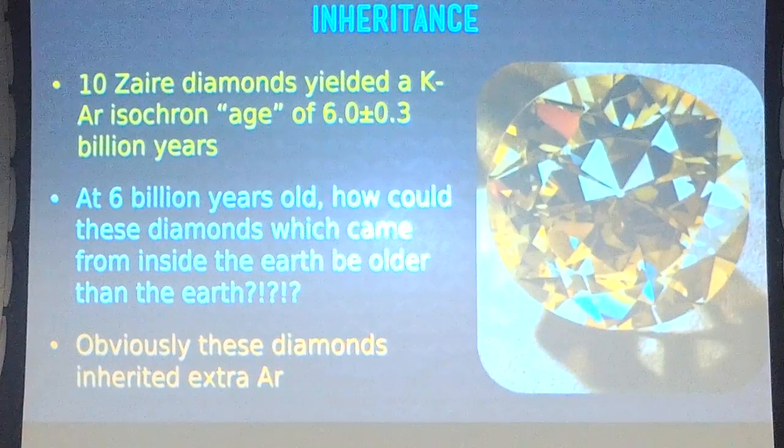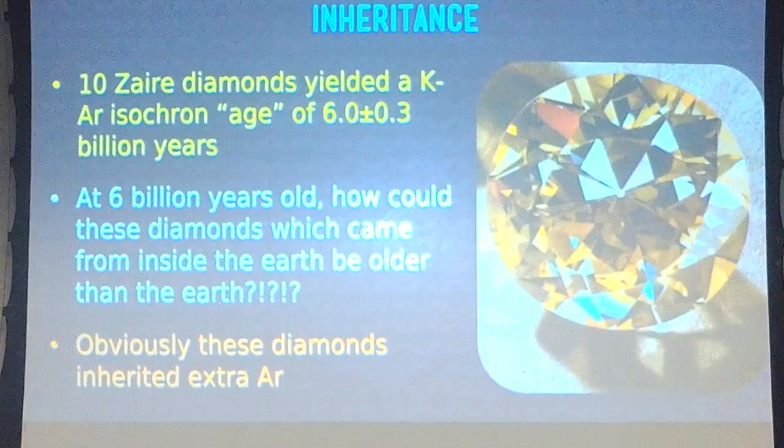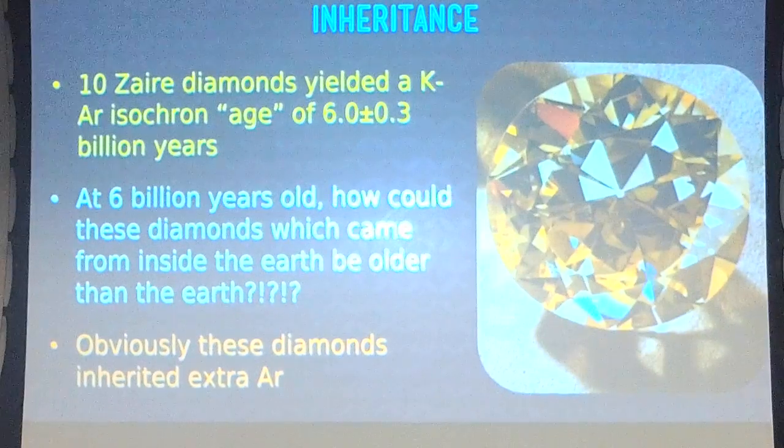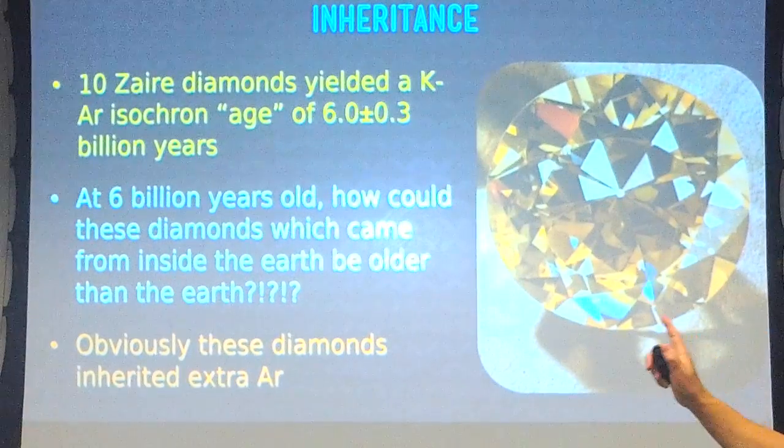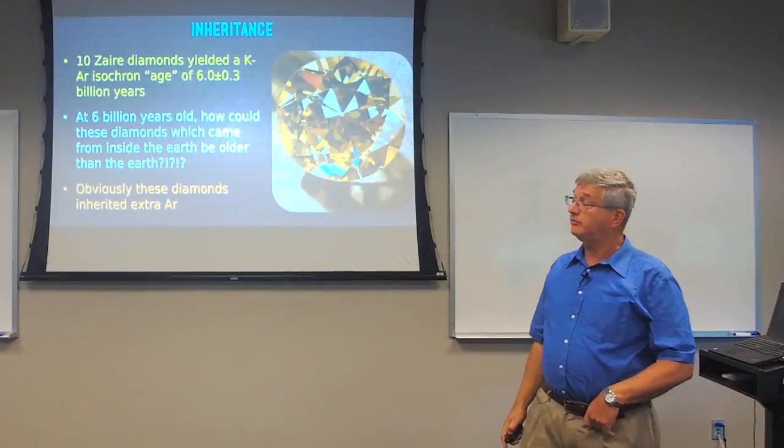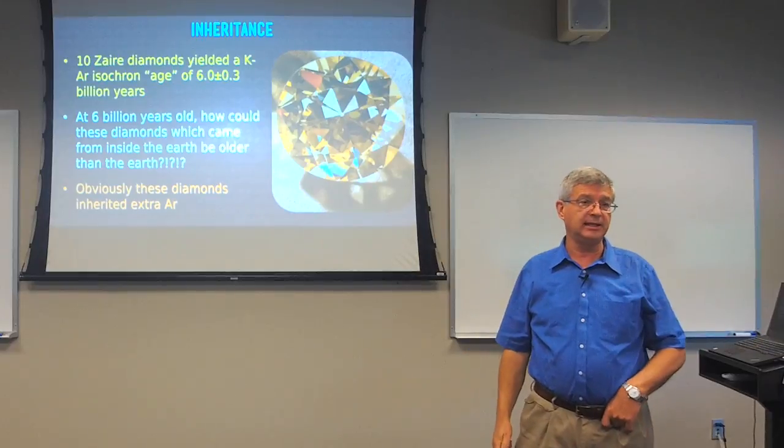More examples: 10 Zaire diamonds. Actually, Zaire is no longer the name of the country. It's the Congo Republic. But 10 diamonds yielded a potassium-argon isochron age of around 6 billion years.